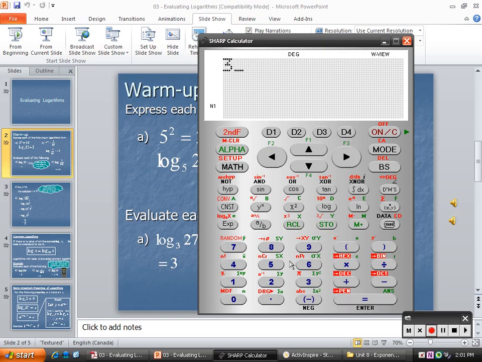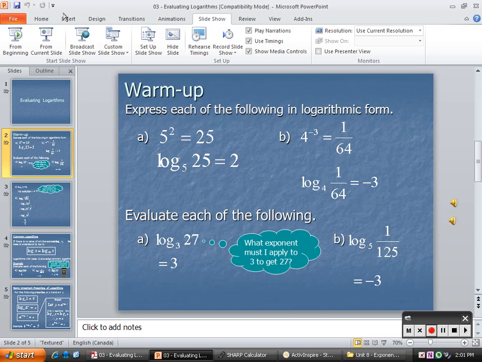Okay, so let's go one bigger. 3 to the power of 3. Oops, backspace. 3 to the power of 3 equals 27. Okay, so the power I put on 3 to get 27 is 3.